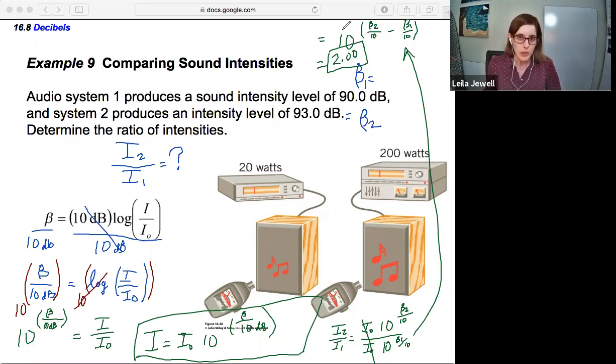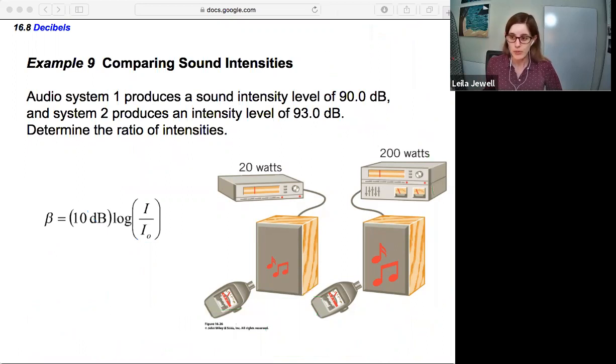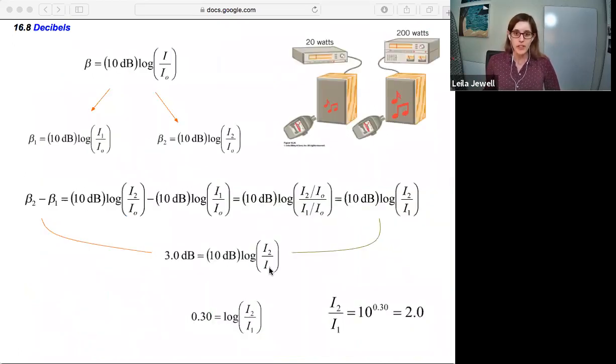I do want to highlight one other way to think about it, because there's more than one way to approach a problem. The other way you can think about it is you could first say, okay, if I want to get this ratio of intensities, that's going to be related to what we saw at the very end there, beta 2 minus beta 1.